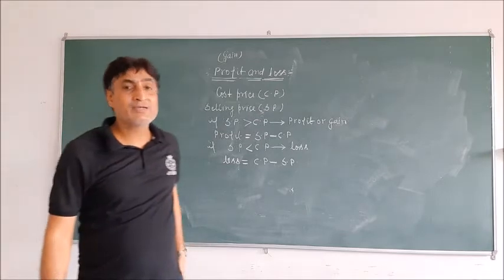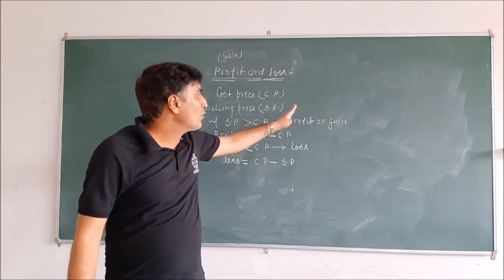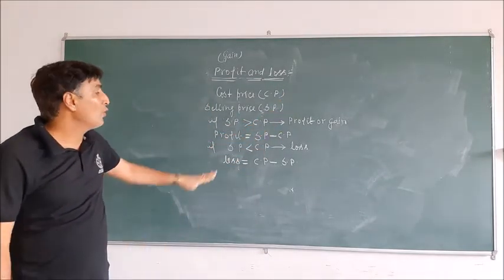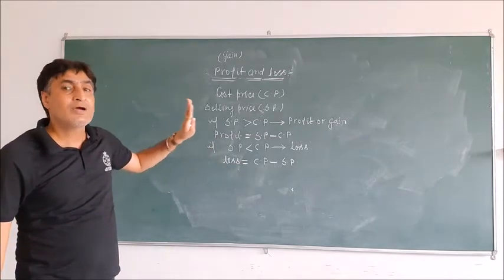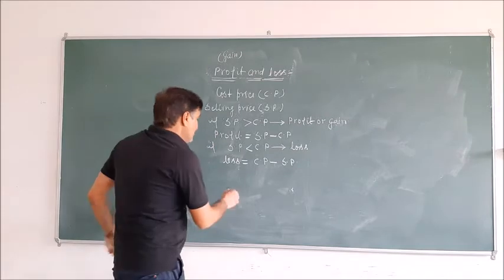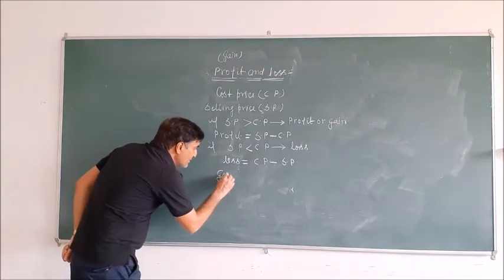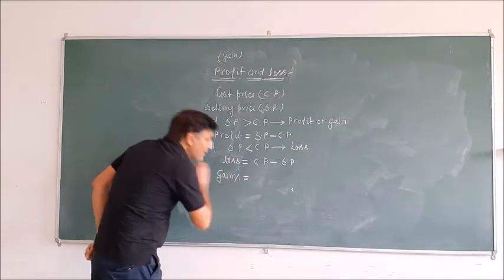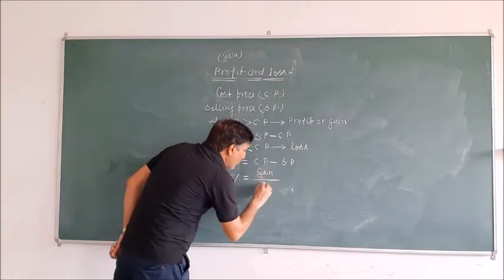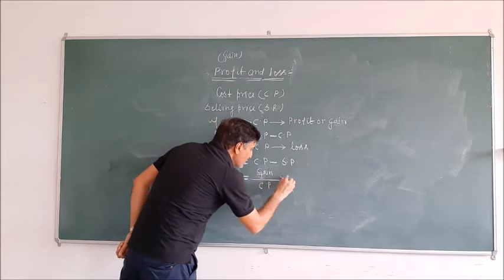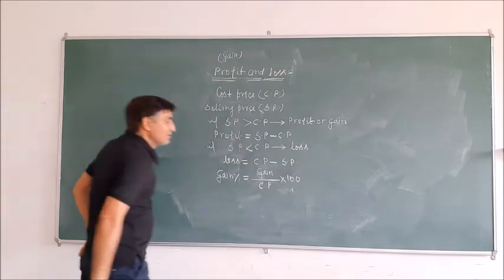If we want to find profit or gain percent or loss percent, we can easily find it using the formula: gain percent equals gain upon CP into 100.